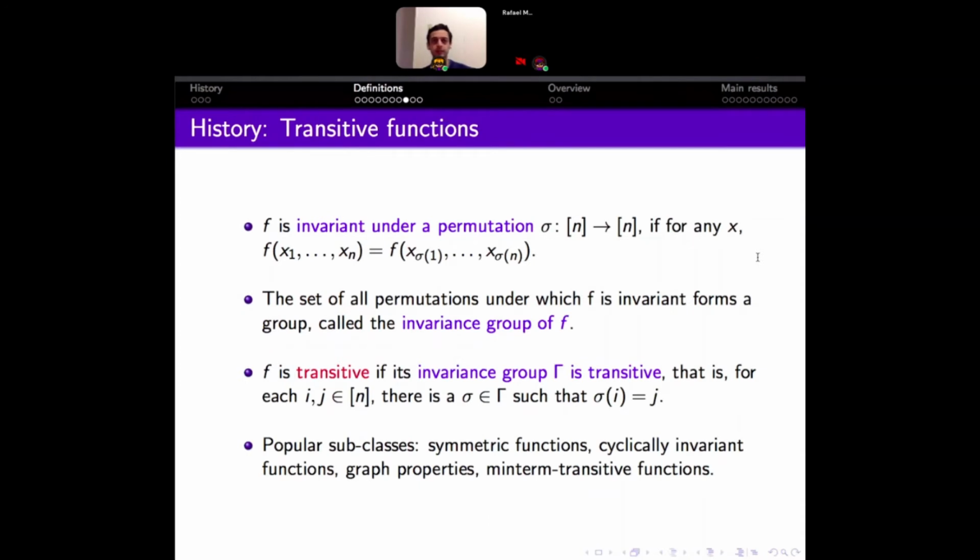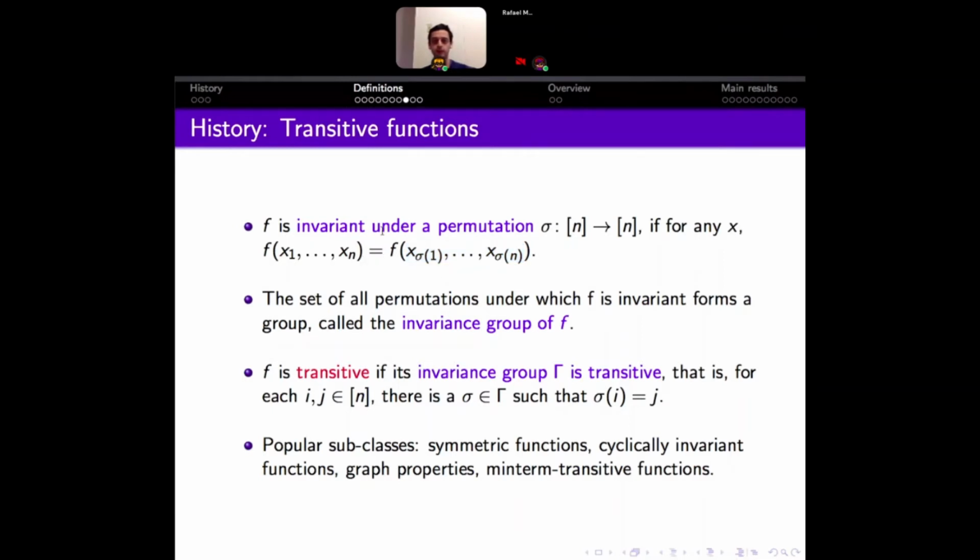Now we define some transitive functions. A function f is said to be invariant under a permutation sigma from n bits to n bits if for any input x, if you permute x according to sigma, then the function does not change value. So what it means is, if you had x1 to xn and you permuted it as per sigma, then the function does not change value.